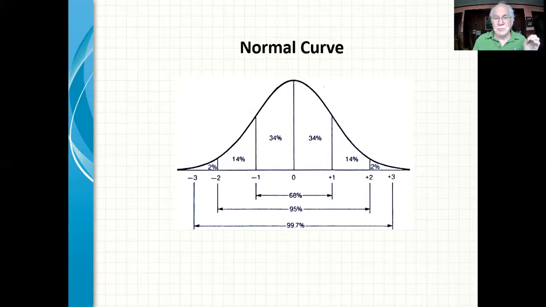This is the value, particularly, of being able to change raw scores into z-scores. If you take a test and the mean on this test is 93 with a standard deviation of 10 and you get 99, for instance, as your score, is that a good score?